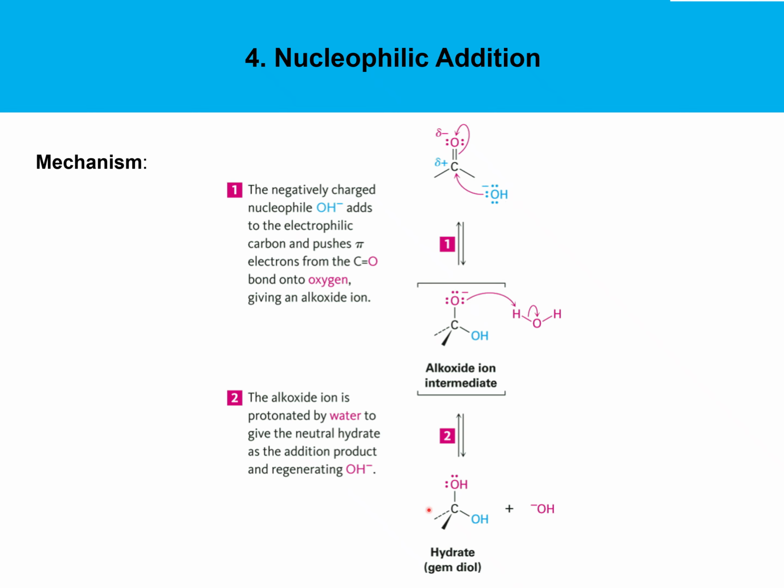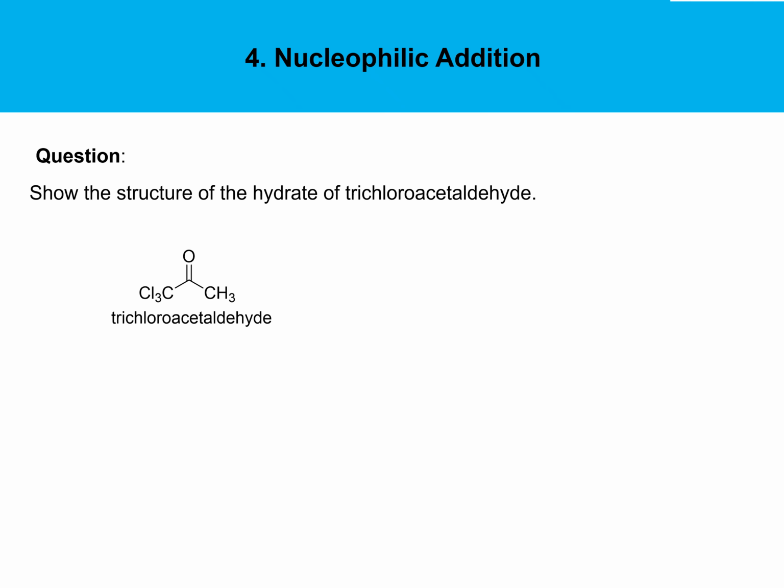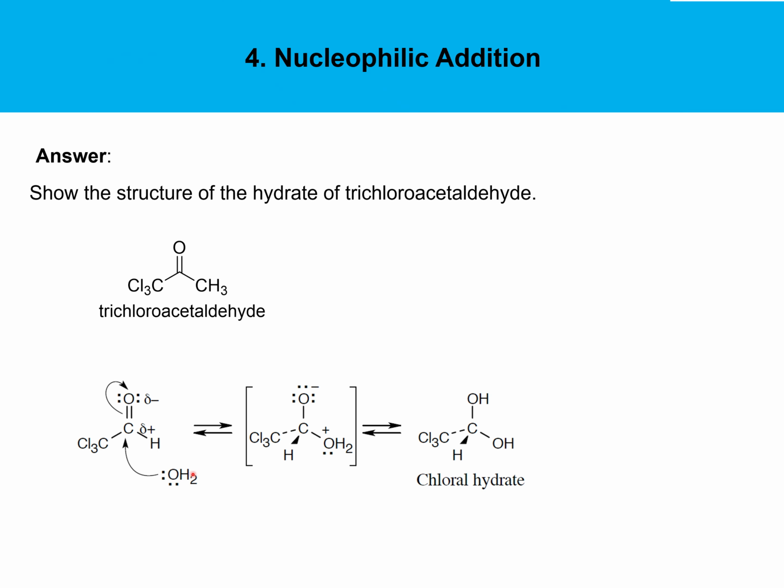This question will take a look at the hydrate of trichloroacetaldehyde. So take a moment to predict the product that will result from a hydration of this aldehyde. If water adds to trichloroacetaldehyde, the result would be as follows.